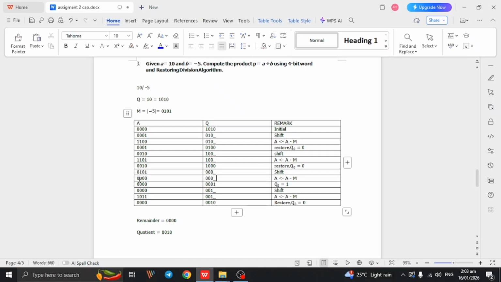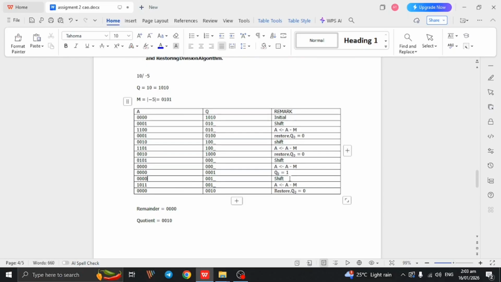We look here and see that the value is 0, so we do not restore the value of a, and q0 becomes 1.